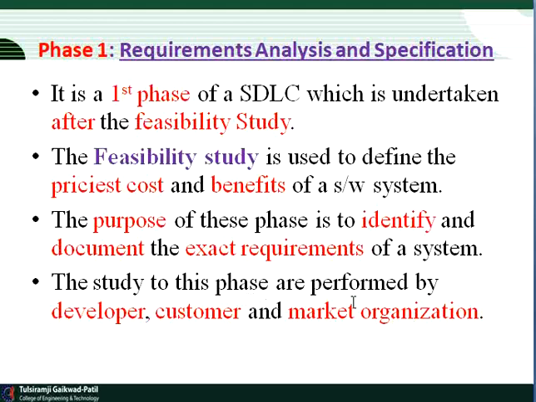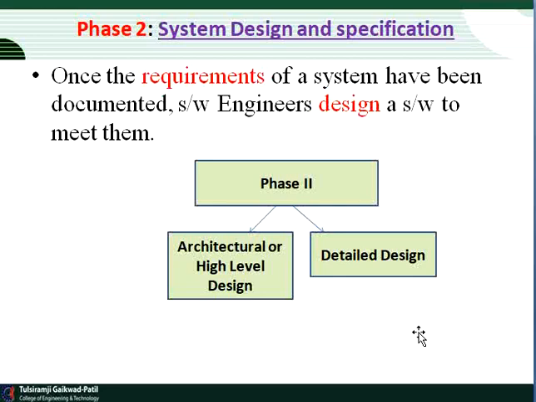When a customer has a requirement for particular software, the developer and the market organization, the people who do the survey, decide the particular feasibility study and the requirements of the software, what the features of the software are, everything. We can say the information gathering process is done here. This is the requirement analysis and specification.